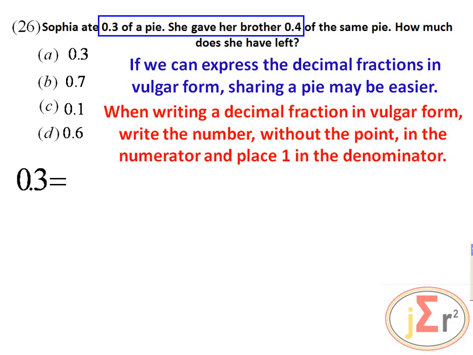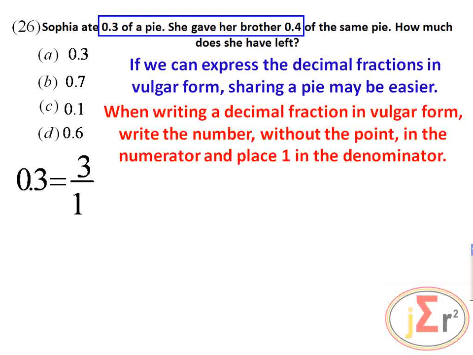No. It will not affect the value of the number. Therefore, we do not need to keep the 0. As long as we are removing the point, we do not need to keep the 0.